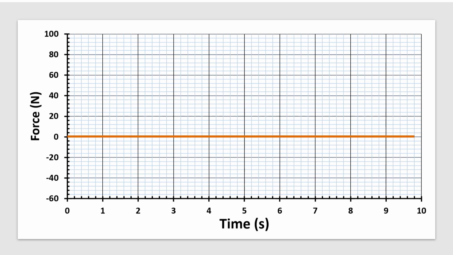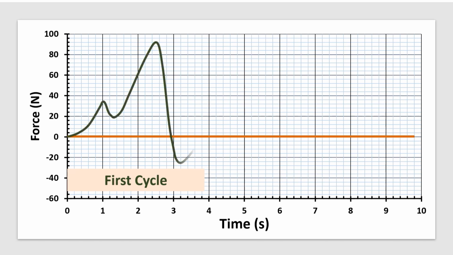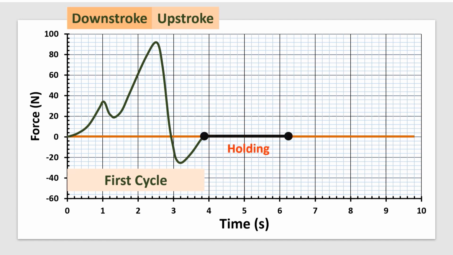In this graph, we could observe first cycle compression and decompression, that is force time curve, and downstroke or compression cycle and upstroke or decompression cycle. Then holding time, that is duration gap between first and second cycles.